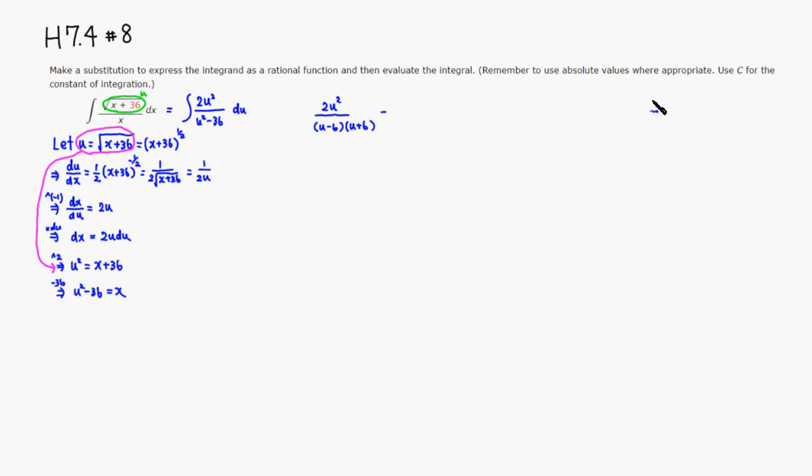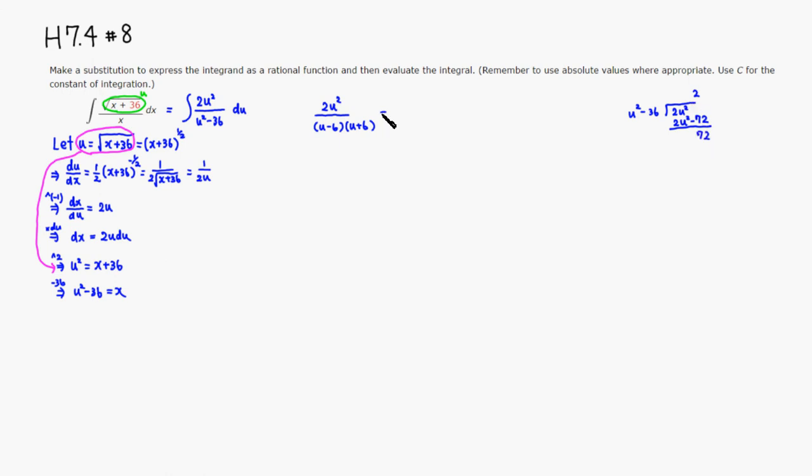So you have 2u squared divided by u squared minus 36. We can see that we can put 2 of them, so it's 2u squared minus 72. Subtracting, this is 0 minus negative 72, so 72.